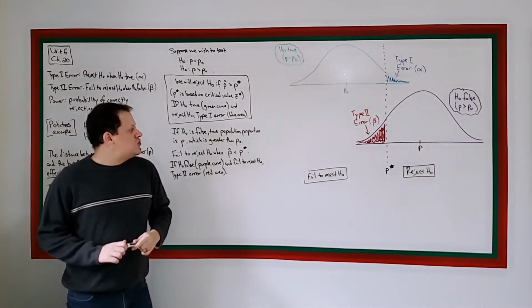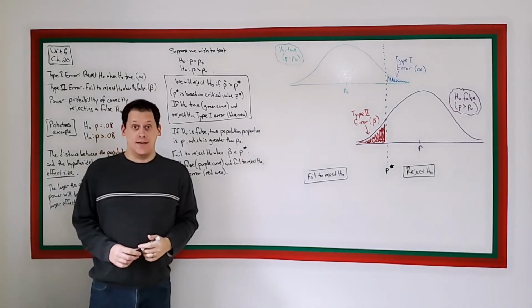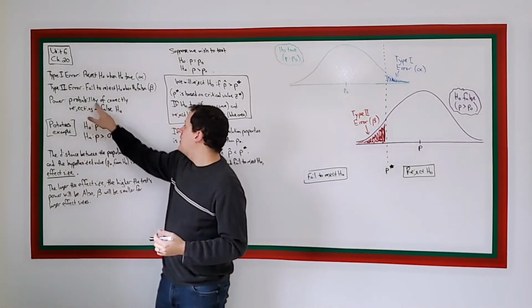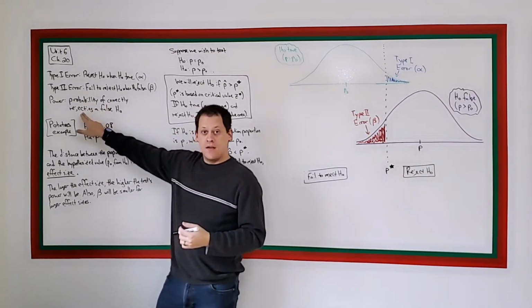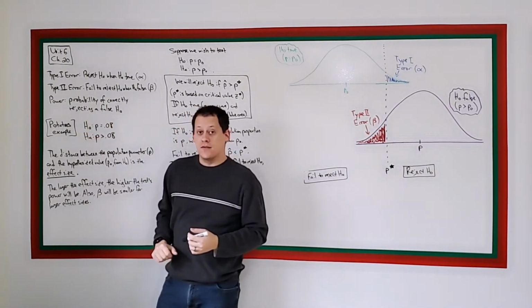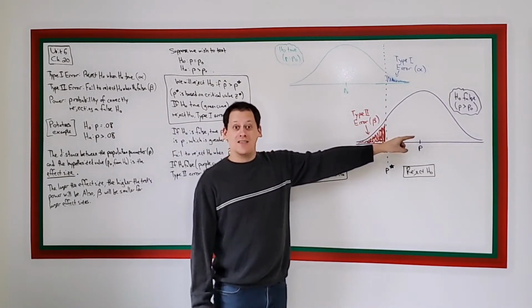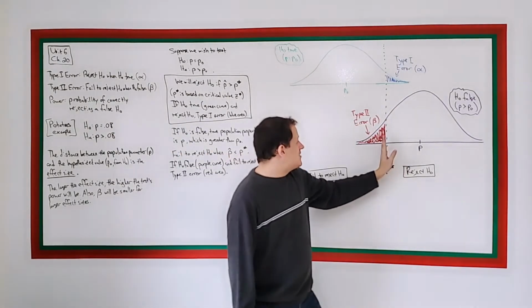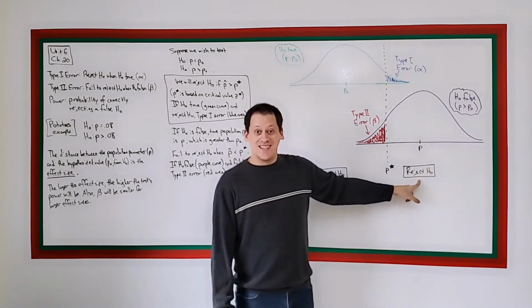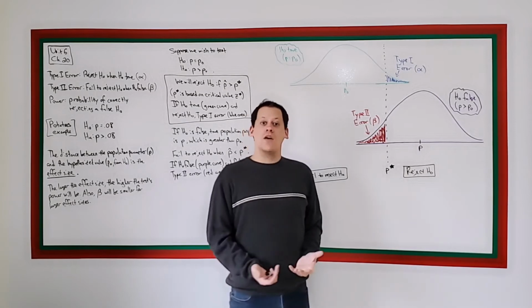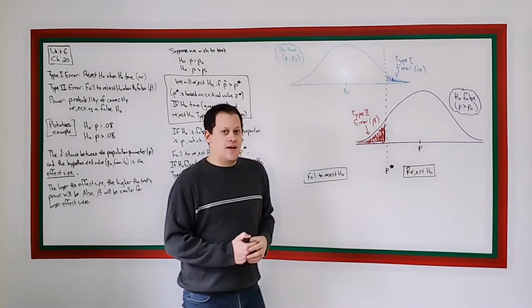But I want to incorporate power into this. We said that power was the probability of correctly rejecting a false null hypothesis. The purple curve is a false null hypothesis, and all the area to the right is rejecting it correctly. So, where is the power in this diagram?